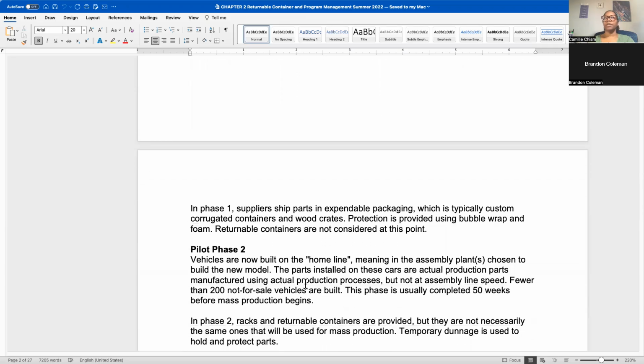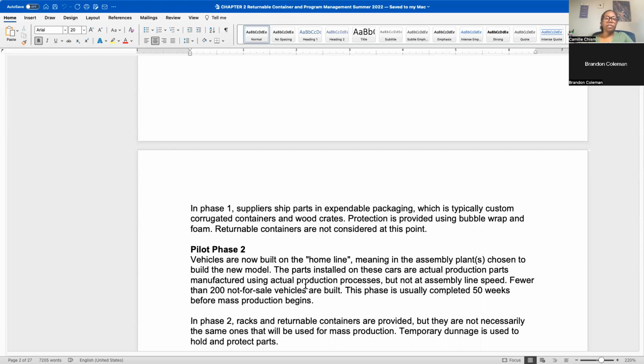Here you'll see suppliers shipping the parts in corrugated versus any returnable packs. But at this point, you can start figuring out which ones you think are going to be returnables and which ones are going to be expendables. Again, you won't know for sure, because if the assumption is you're going to use the same engine plant, and that engine plant is always using returnable racks, then you can assume there's going to be returnable racks.